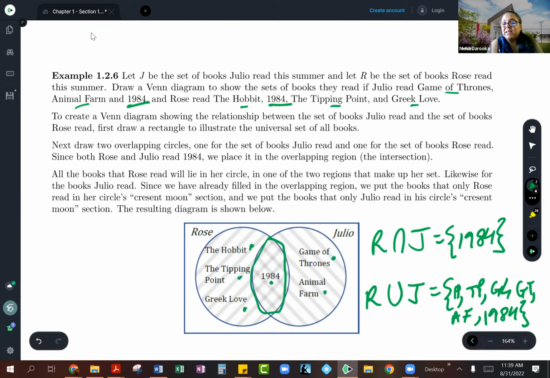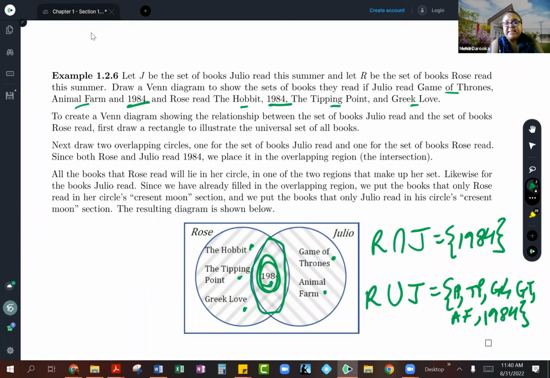Even if there was nothing in common, with a union, you would still list all the books that Rose and Julio have read. If you have something in common, that's fine. But if this was a blank space, union would still mean you combine everything from the 2 sets, 3 sets, whatever you have in there.